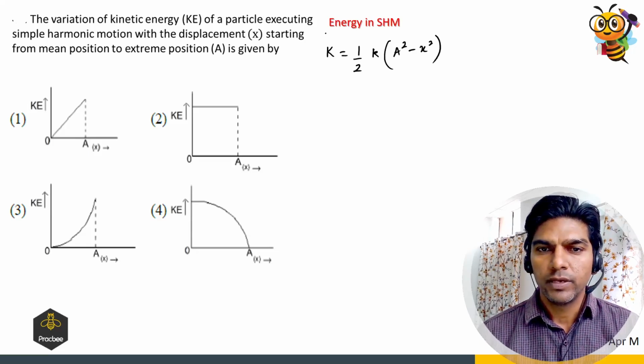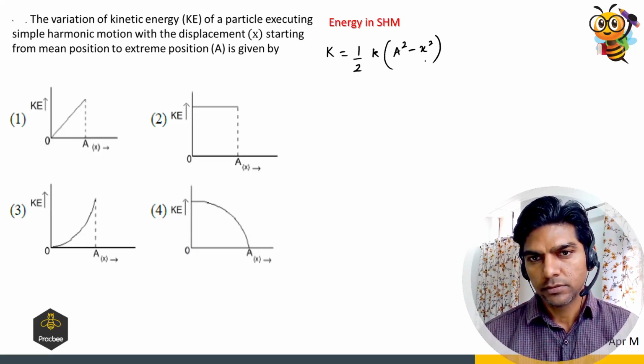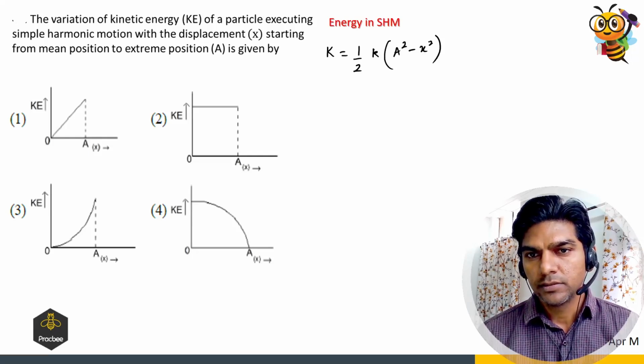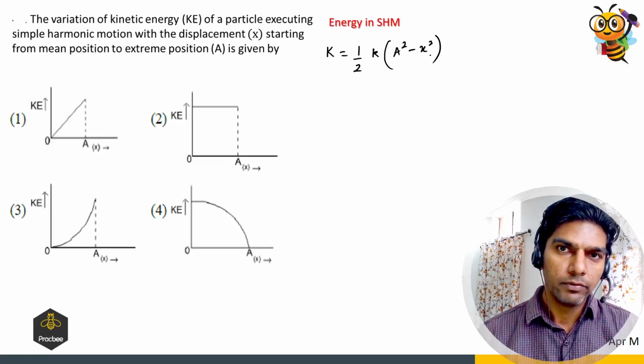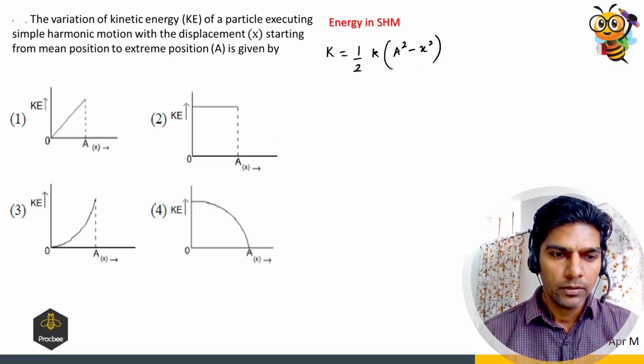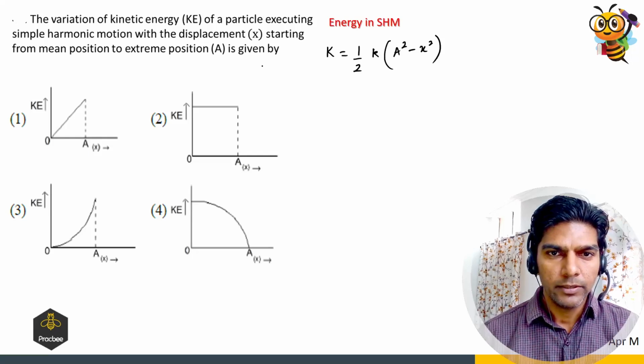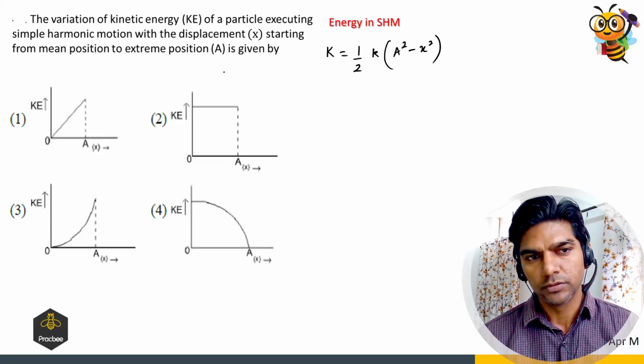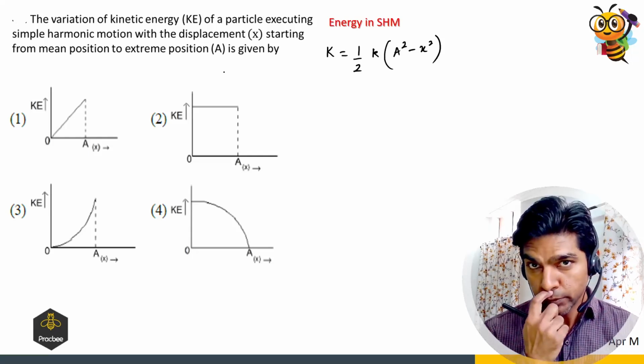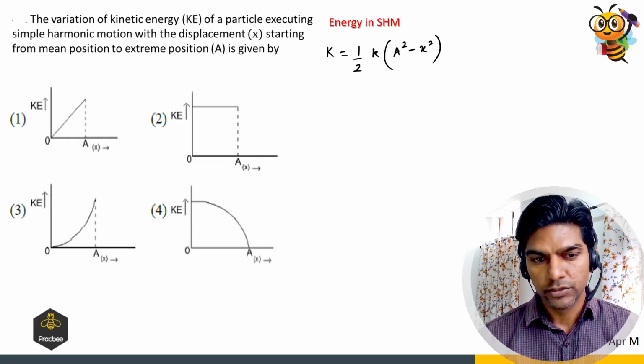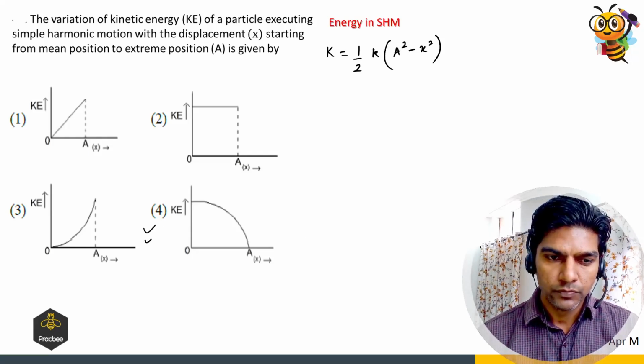So if we have K on the y-axis, x on the x-axis, it will be a parabolic function. And since the coefficient of x square is negative, it will be a downward parabola. We have to find the graph from the mean position to the extreme position. At the mean position, kinetic energy is maximum. At the extreme position, kinetic energy is 0. So it should be option 4, right?